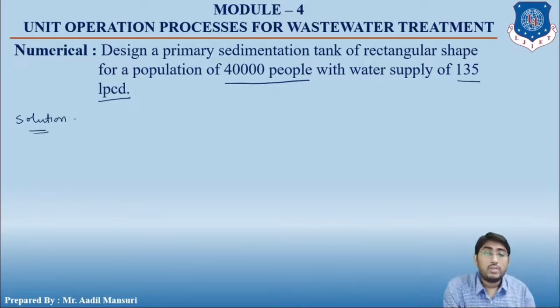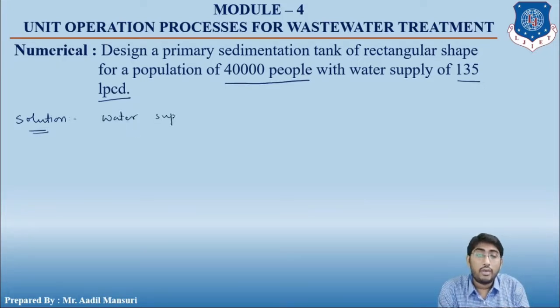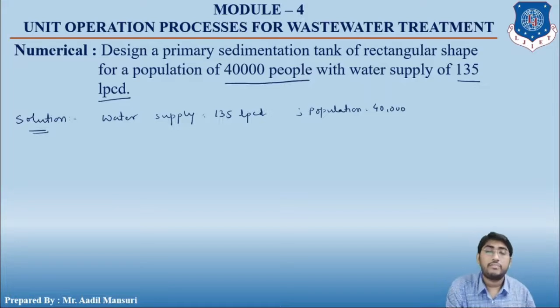Okay students, so here they have given that water supply is 135 LPCD, and population is 40,000 people, right?